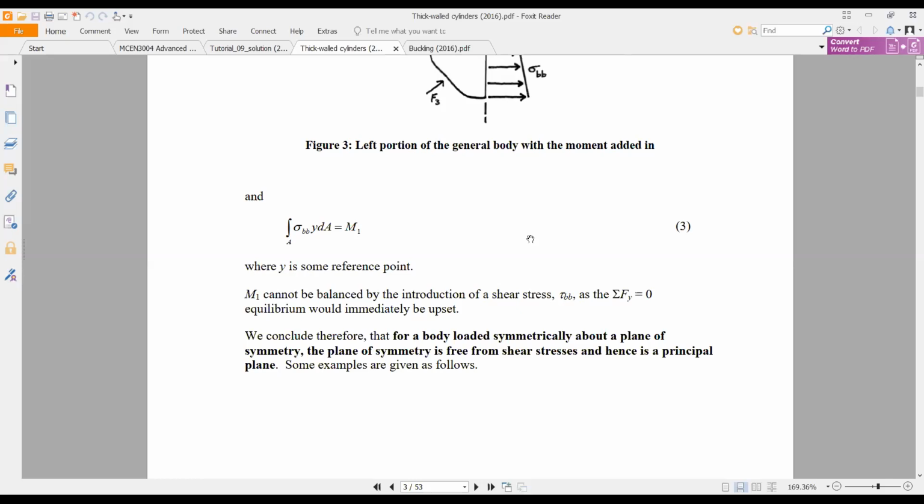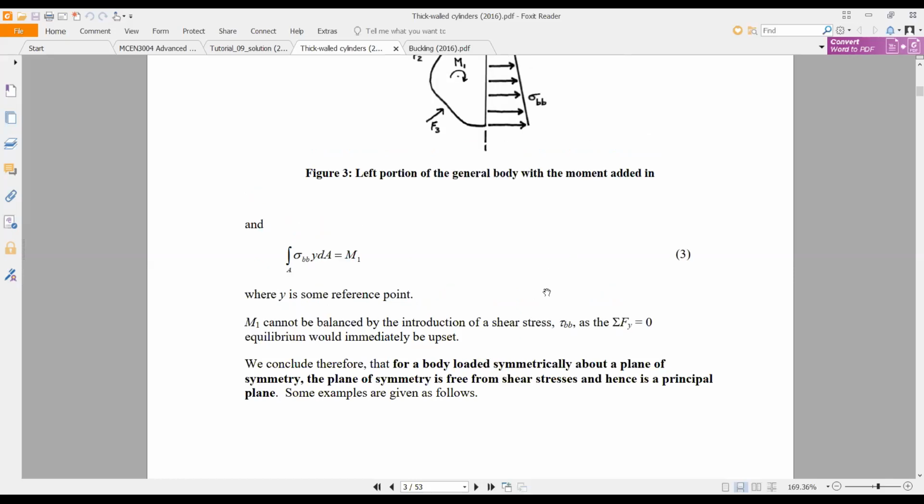Last lecture I also mentioned, if you draw the Mohr circle, the principal stresses are given on the x-axis, that means the shear stress will be equal to 0 at that plane.